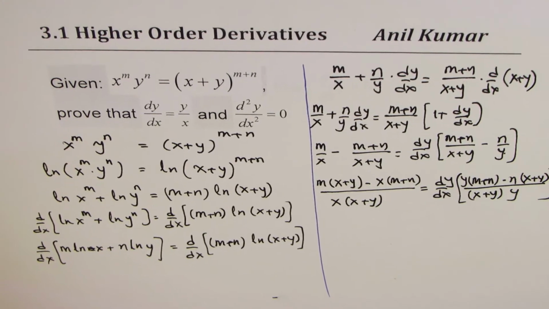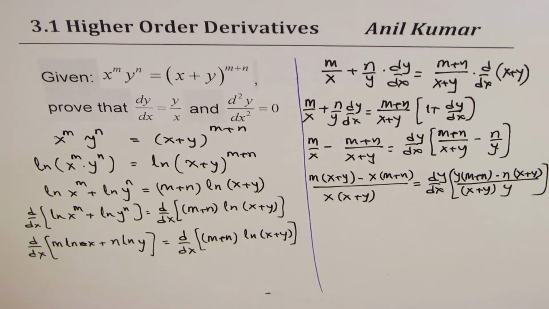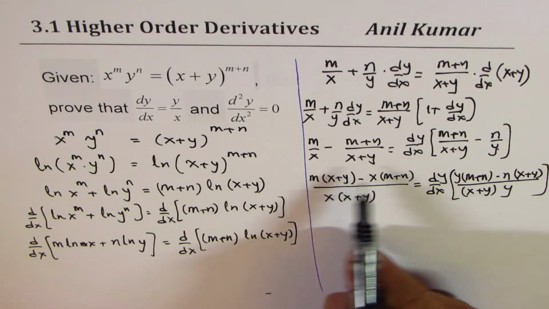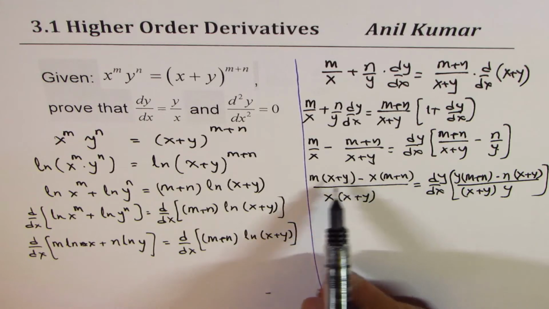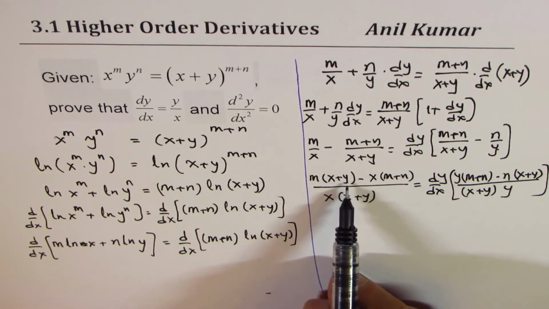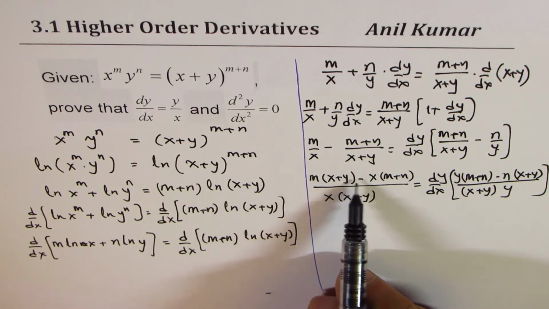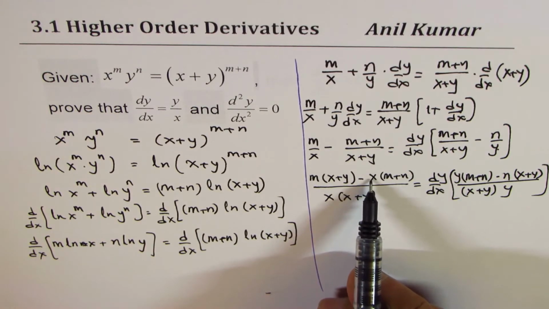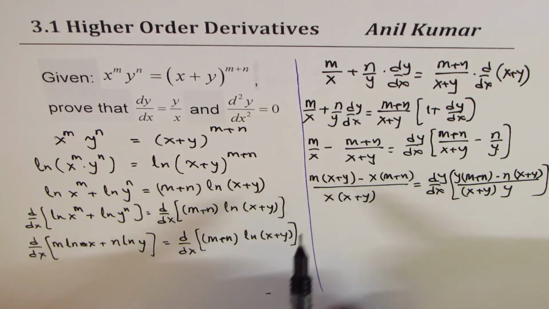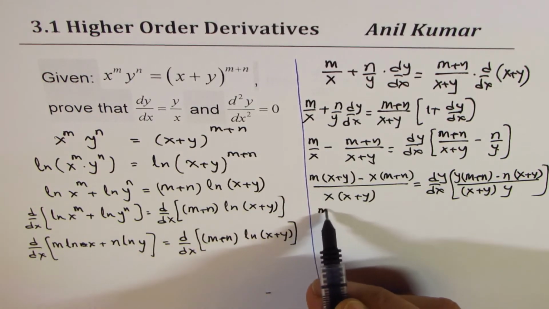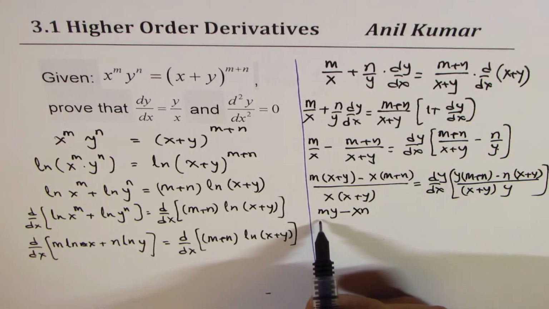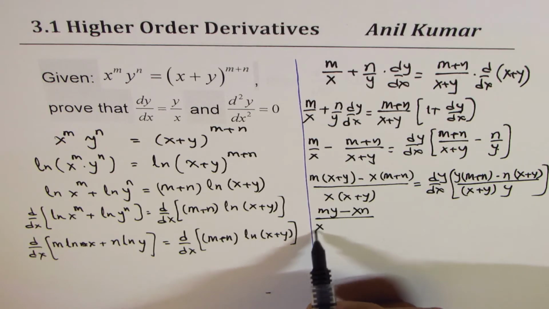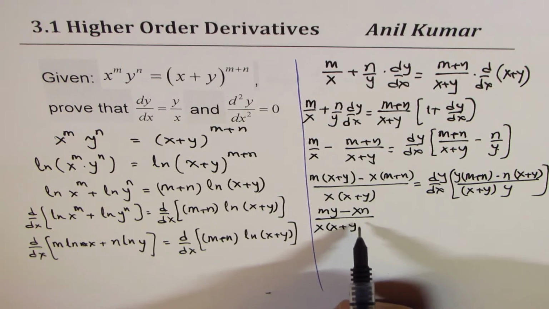Let me move this page a bit. I hope you can see it. Okay, so it's a matter of combining them and simplifying. So mx and mx cancel out. What we get here is my minus xn. So on the left side we get my minus x times n, and the denominator is x times (x plus y).